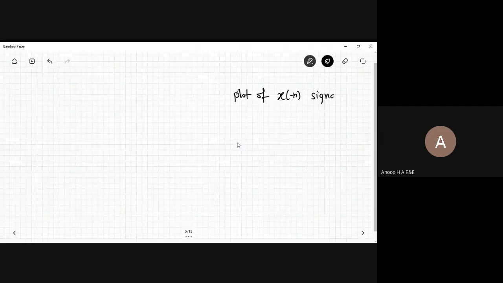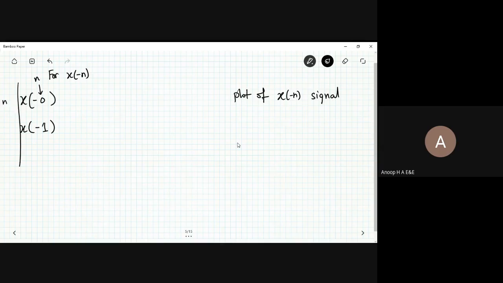I'm going to plot it after I write down this signal. So for x of -n, what are the values that you are going to get? x of -0. I repeat, this is for n. This is the minus sign that is there. Next, x of -1. Now this is n equal to 1 here. So let me write down here, n is equal to 0, n equals 1.